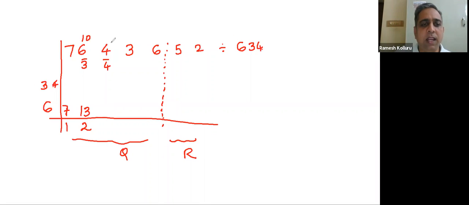6 2s are 12, 10 passed. I hope everyone is clear till this point. So 6 2s are 12, 10 passed. And because 2 has to be multiplied, 2 3s are 6, 2 4s are 8.